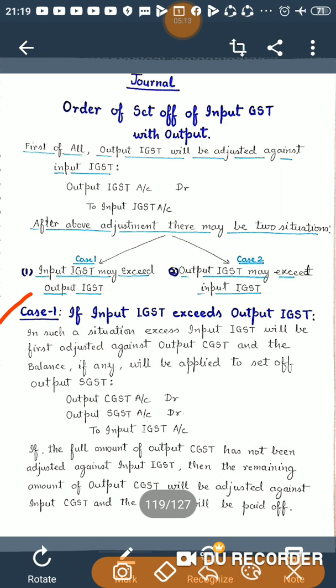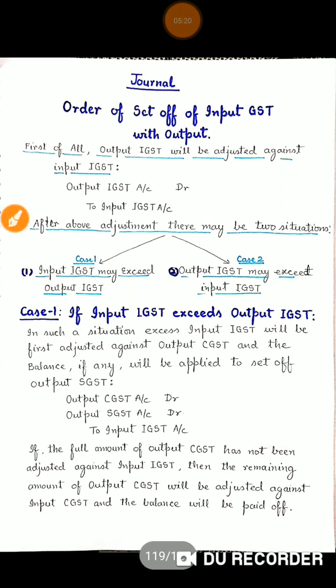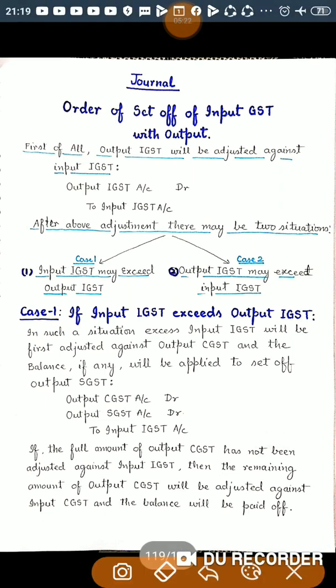So what will be the process of setting off? If input IGST exceeds the output IGST, in such a situation the excess input IGST will first be adjusted against output CGST, and the balance, if any, will be applied to set off output SGST.